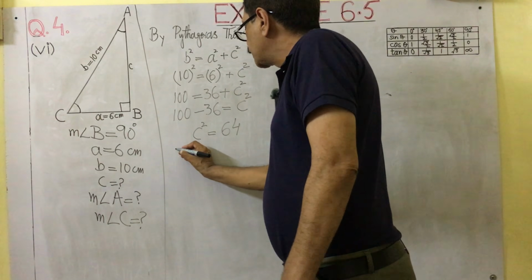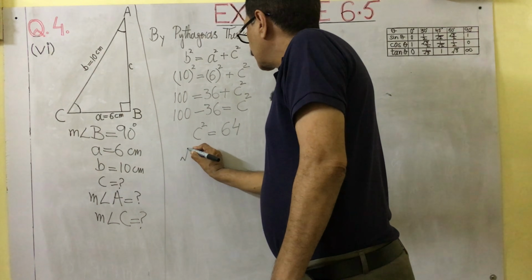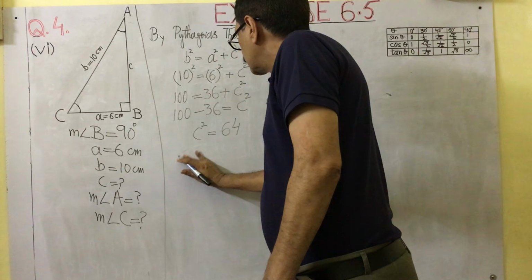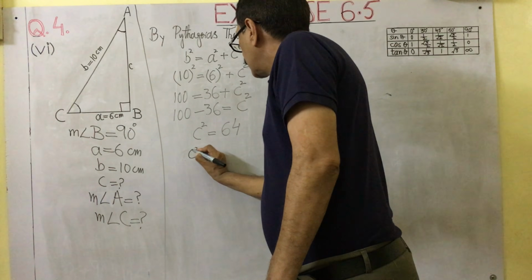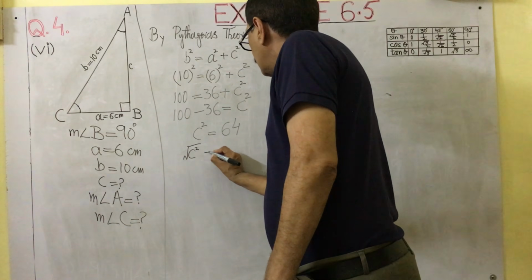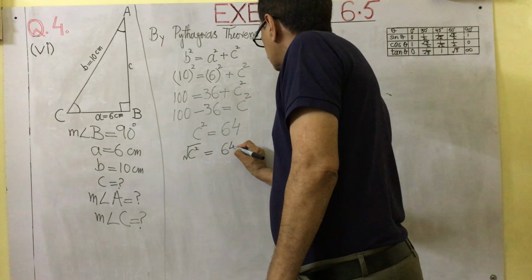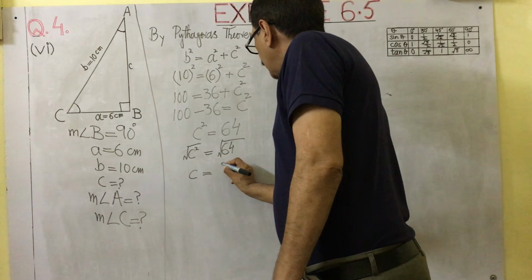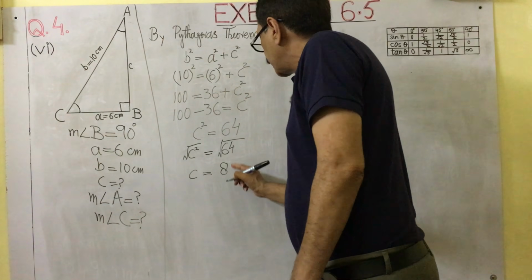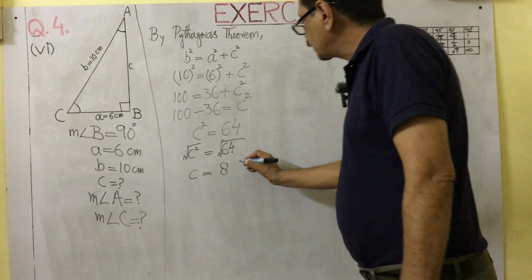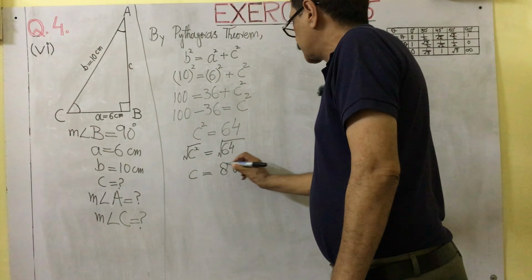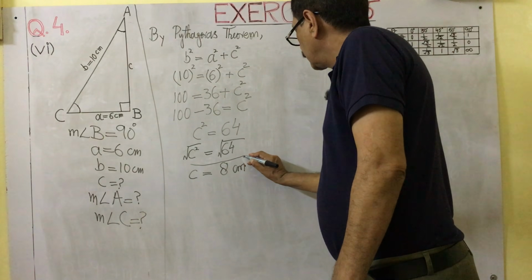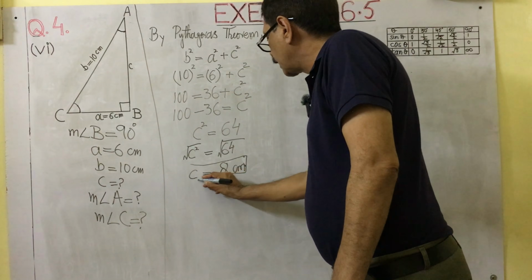Taking square root on both sides, C is equal to 8. So C is 8 centimeters.